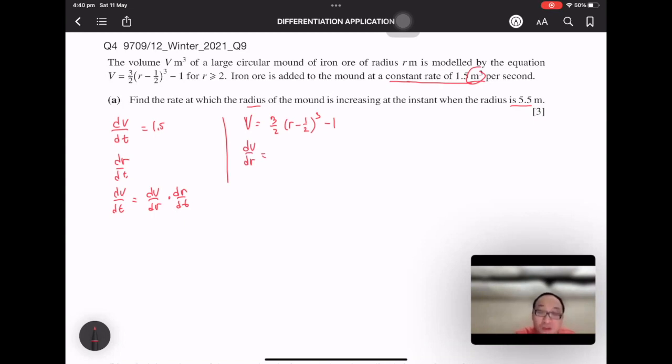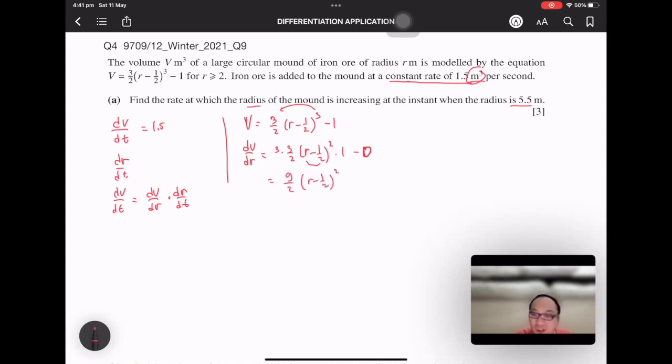We use the chain rule here: 3 times 3 over 2 (r minus half) squared times 1, the derivative of the inner function, minus 1. The derivative of minus 1 is 0. Equals negative 9 over 2 (r minus half) squared.